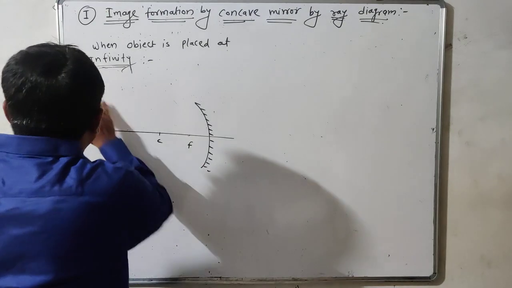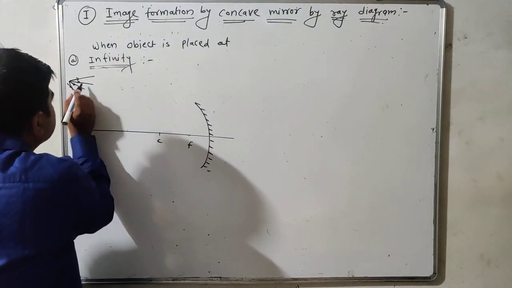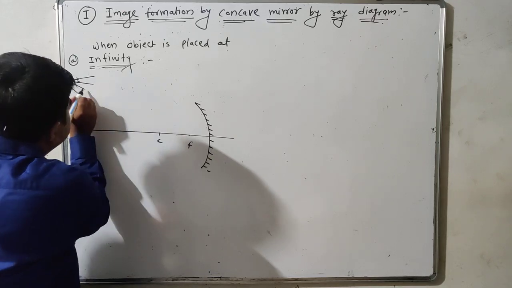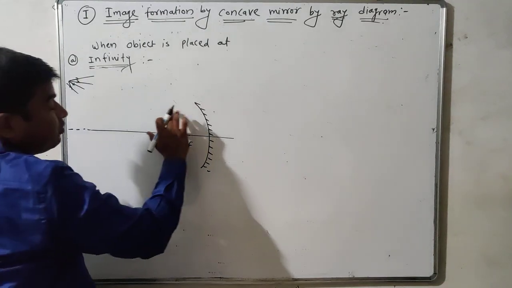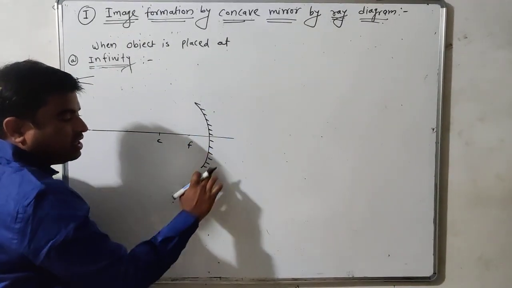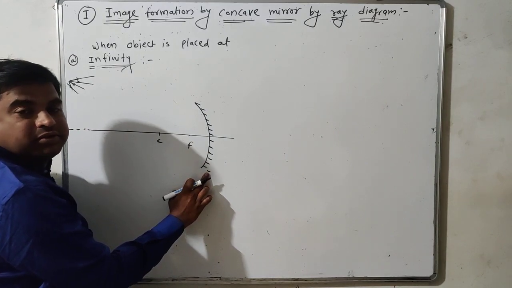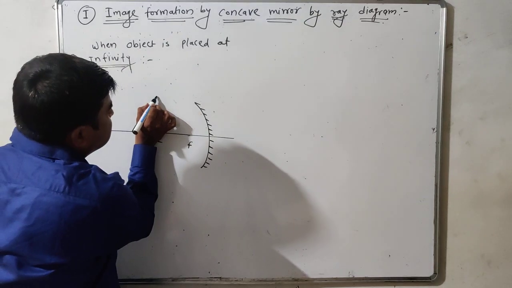Parallel rays. Therefore, out of the total rays emitted by this point object, okay, suppose these two rays travel an infinite distance which are initially diverging. Therefore, when they are incident upon the concave spherical mirror, they get converted into parallel rays like this.